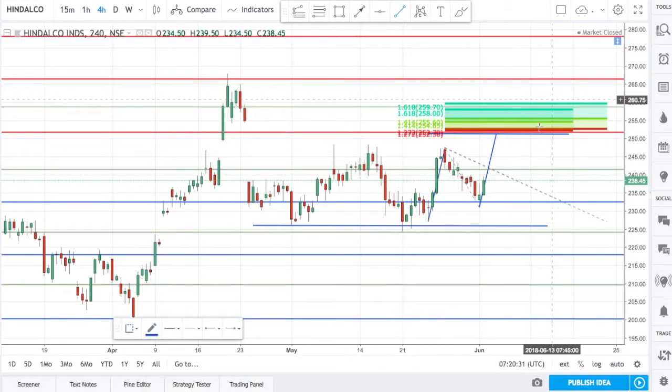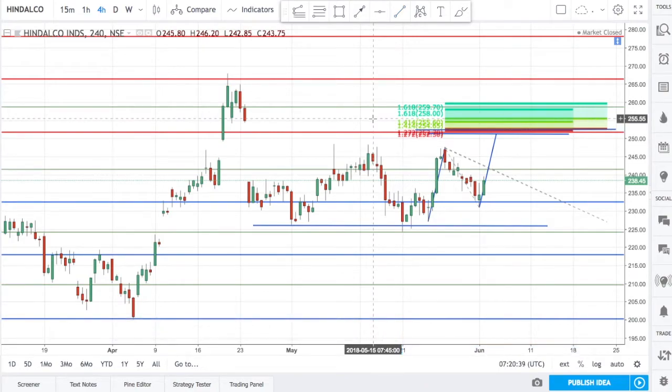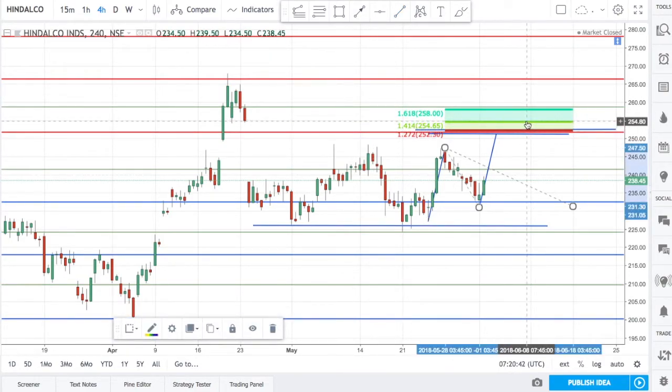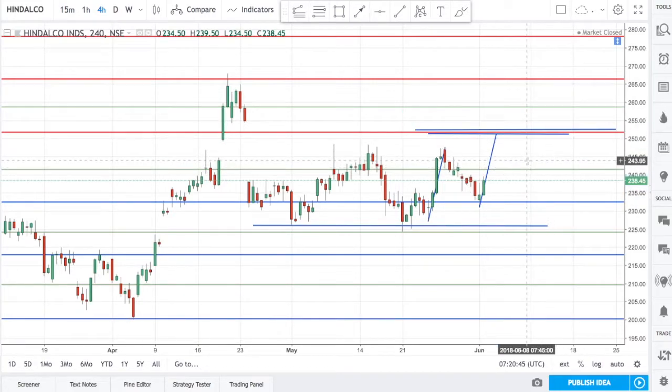As you can see here, we have a confluence at the 1.272s. So let's mark that Fib confluence level with another line.